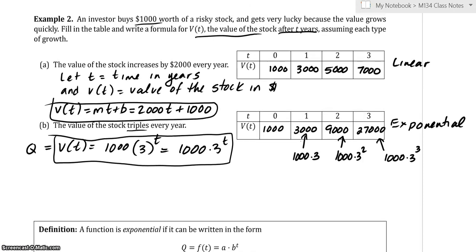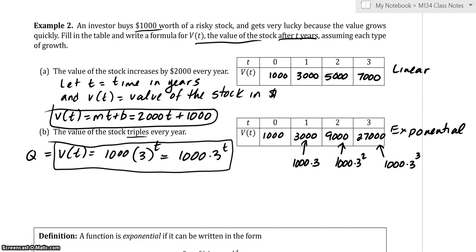So look at how much more an exponential grows. That is $27,000 versus only $7,000. After 3 years, a linear stock would only make $7,000, where an exponential stock would make $27,000.